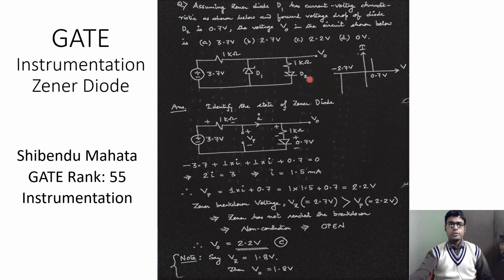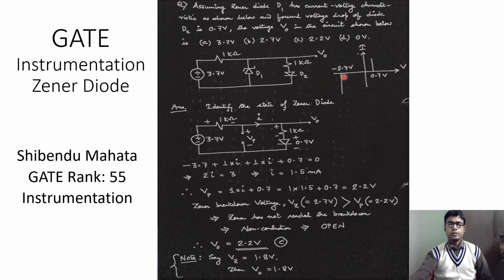If we look at this question, the information provided is that the forward voltage drop of the diode D2 is 0.7 volt. So this diode D2 will incur a voltage drop of 0.7 volt if it is in forward biased condition. And this is the characteristic of the Zener diode.